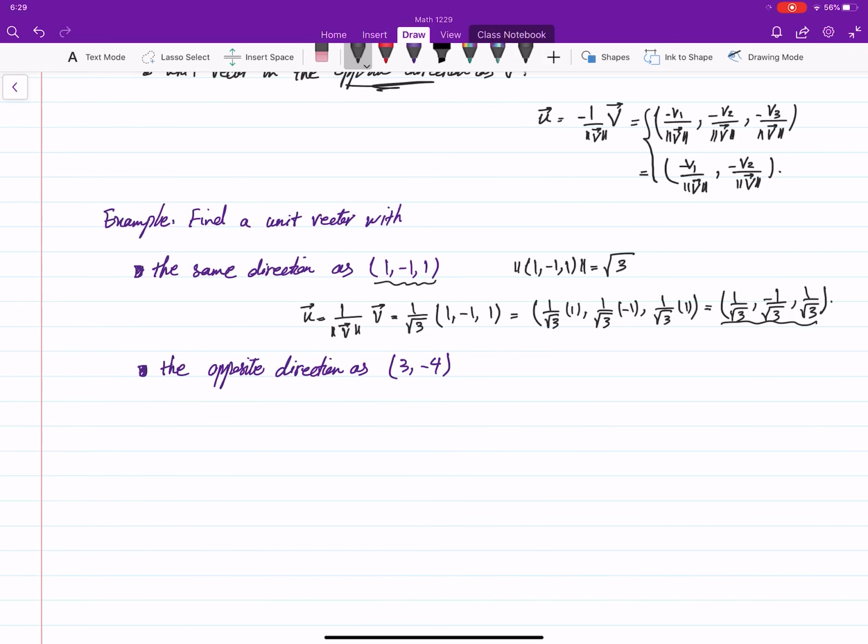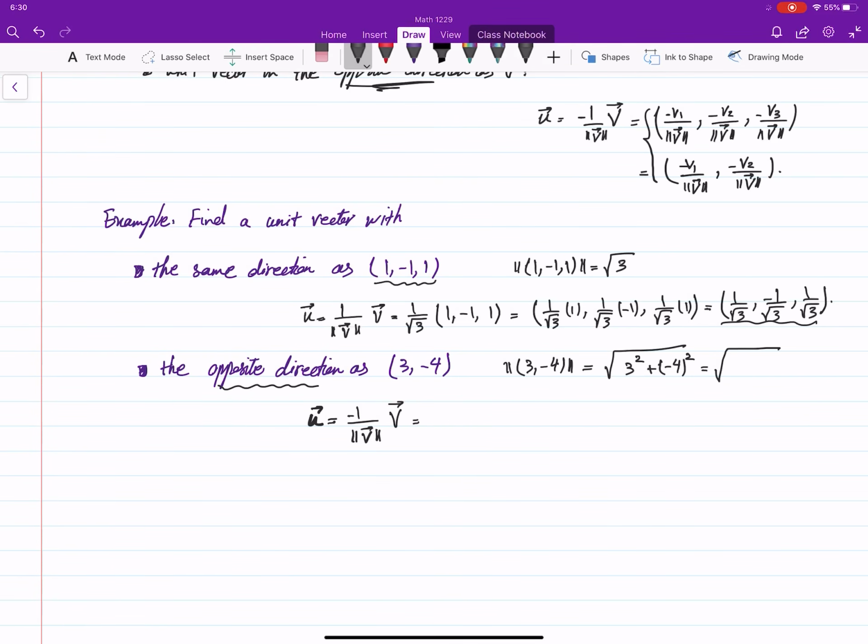How about the other one? This time we are looking for a unit vector which has the opposite direction. So u is going to be 1 over length of v times v itself. But if this has the same direction, its unit vector has the same direction, if you multiply it by a negative sign, it will give you the opposite direction. So here I need to know the length of the vector v, which means squaring each component. When you're squaring negative numbers, you have to be careful.